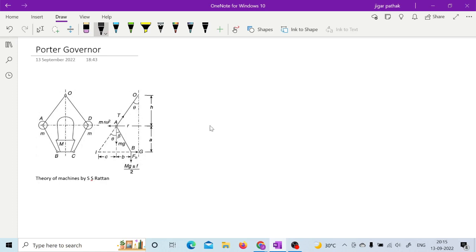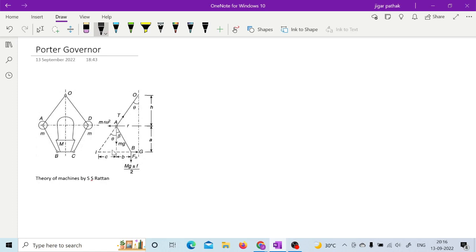So for the Porter governor, the only change is this extra mass on the sleeve. Now if you draw the different velocities of different components, and then try to locate the instantaneous center, you can find it at a particular point I as mentioned here.